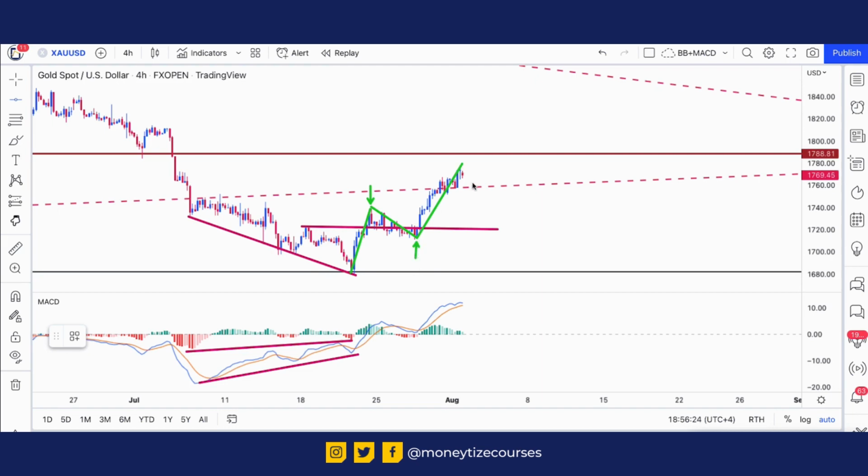Okay, so now it may complete its second high somewhere here around this line, which is 1788, or maybe at the current levels, because we are finding a slowdown scenario here. The MACD is shrinking downwards. So this shrinking in MACD histogram is signifying a slowdown in the bullish momentum, but otherwise we do not have a divergence on MACD lines.